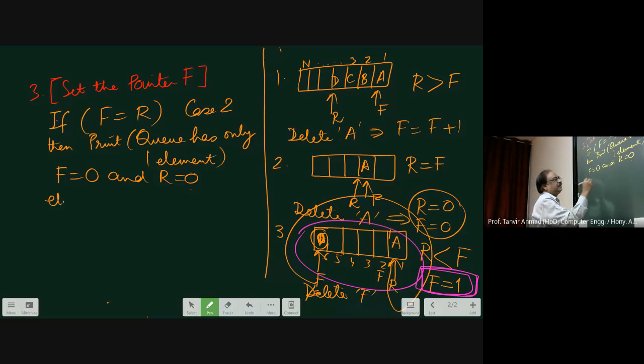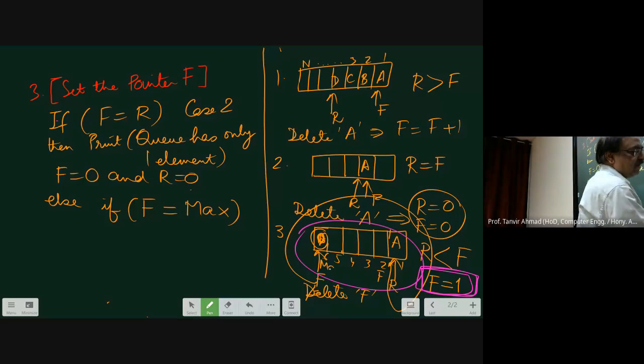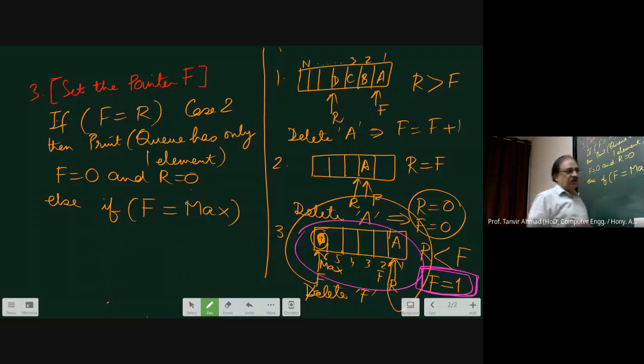Second case, else. Else if front is equal to, say, max. This one is max. Then what you are going to do? You are putting F is equal to 1.